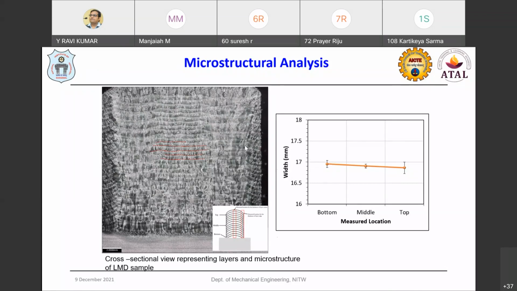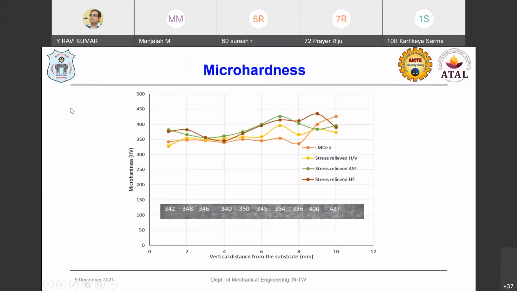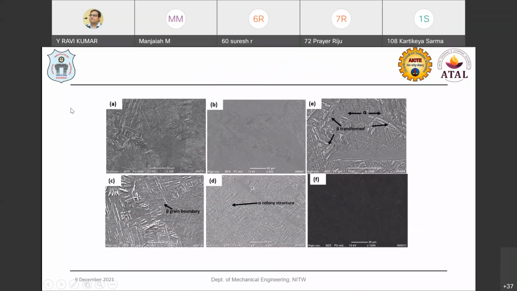Not much variation in layer height or layer width is observed when you optimize the process parameters. Also, the microstructural properties are almost similar to the cast or wrought alloys, with alpha colony structures and beta transformed structures.